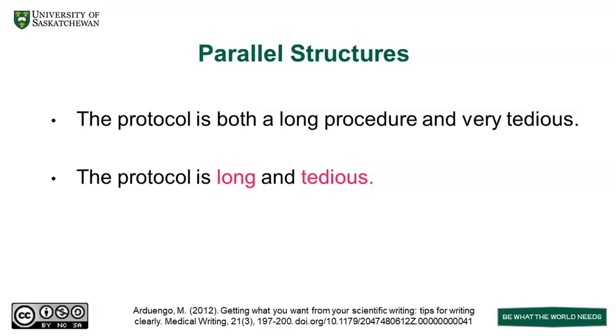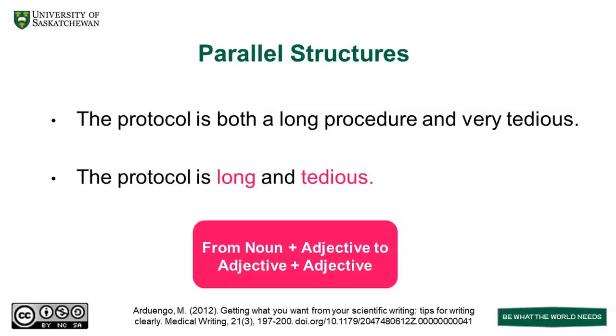And this is simply because the word procedure becomes a little bit redundant in the context of this sentence, because protocol and procedure might be somewhat synonymous in this context. So what we've done is we've taken an example where originally we had a noun and an adjective, so that procedure and then that sense of tedium, noun and adjective, and we've changed it to an adjective and adjective, so long and tedious.